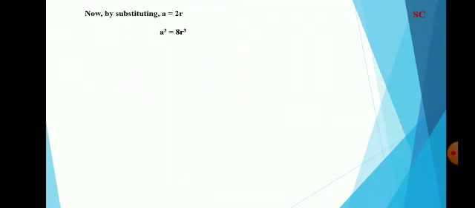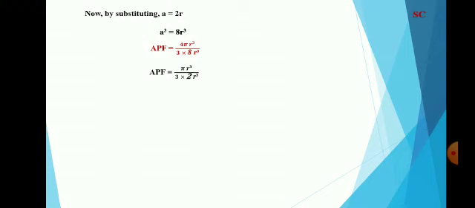Now substituting a is equal to 2r, from equation 1 we get a cube is equal to 8r cube. So putting this value into the above equation, we get the atomic packing factor is equal to 4 pi r cube divided by 3 into 8r cube.